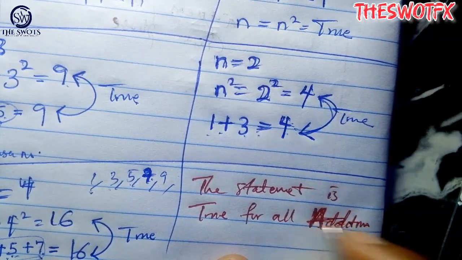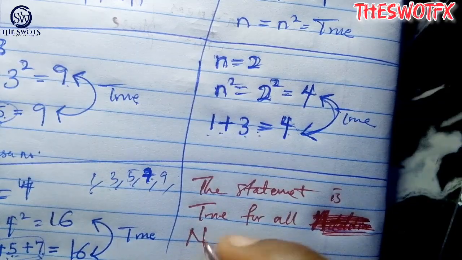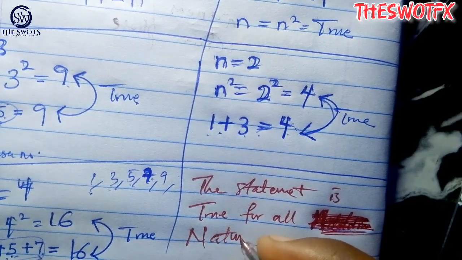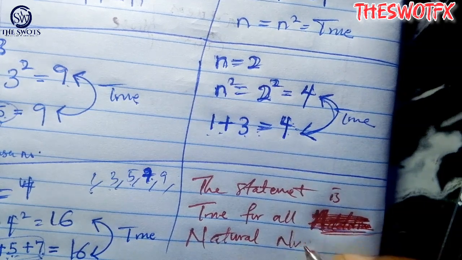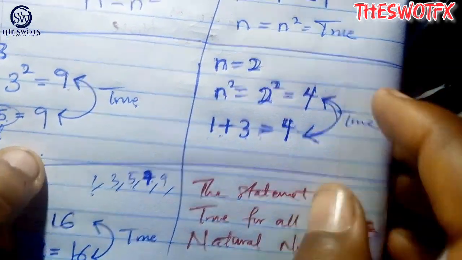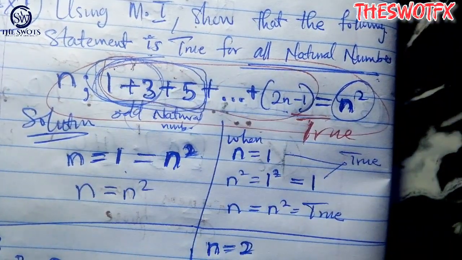Or let me just put it the way they gave it to us: the statement is true for all natural numbers. The statement is true because using this statement, it means it is true for all natural numbers.